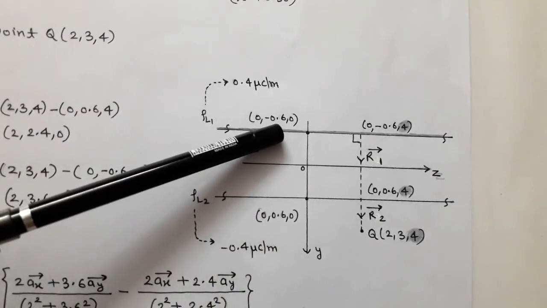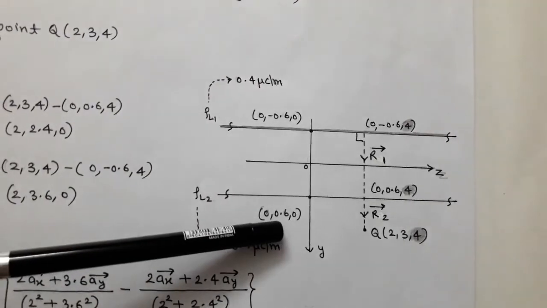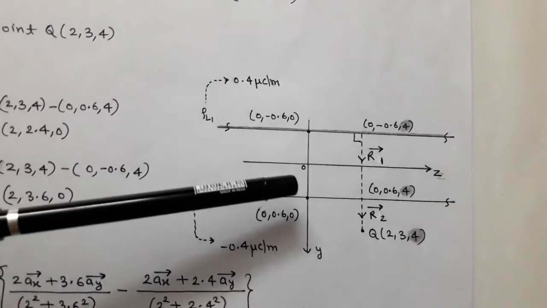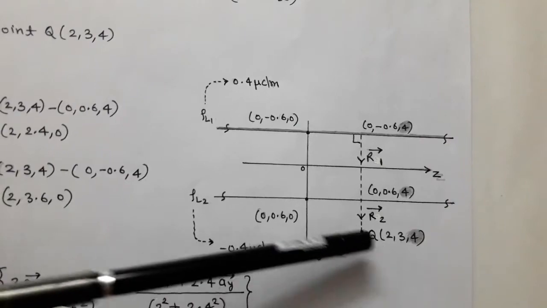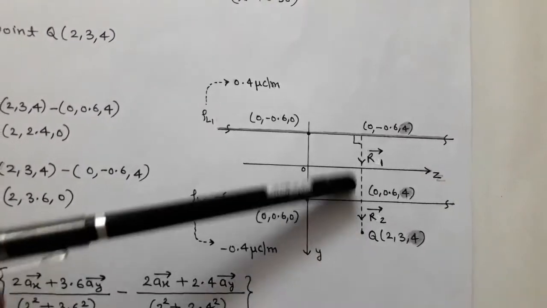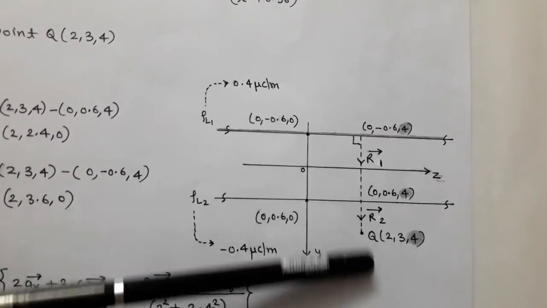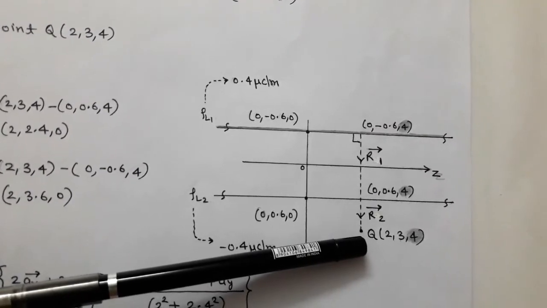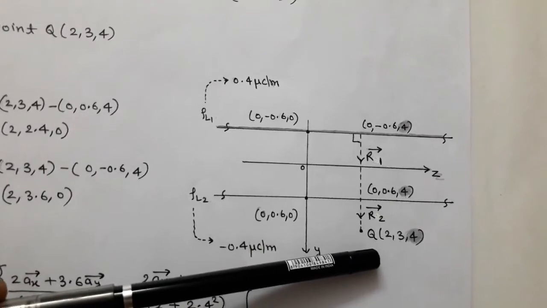Here the y coordinate 0.6 is less than 3 for point Q.